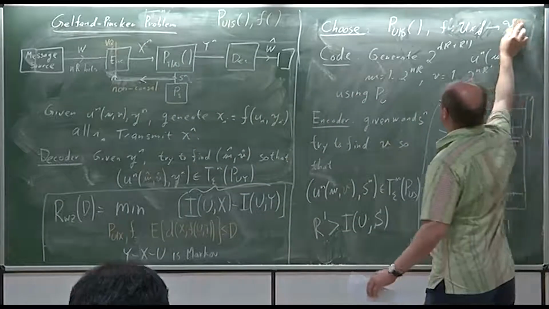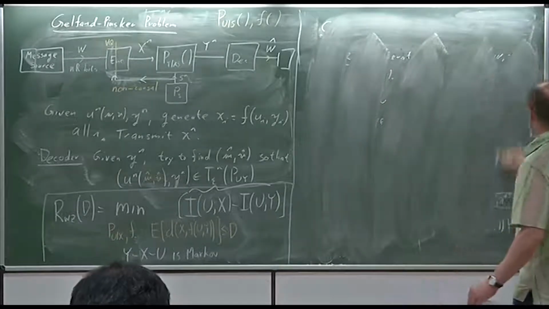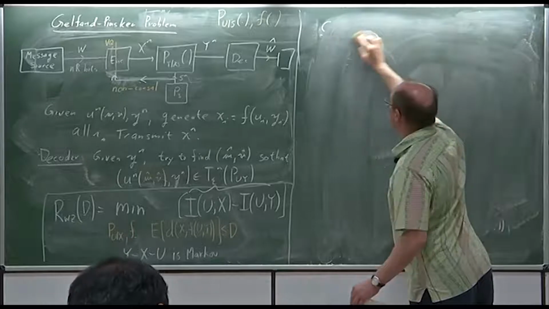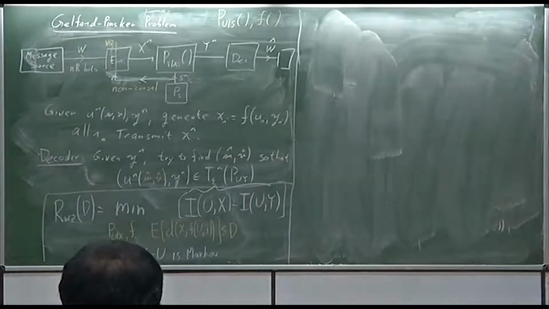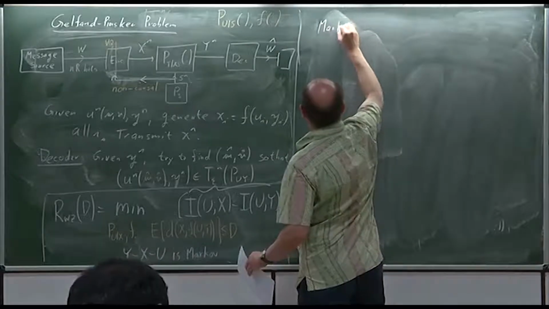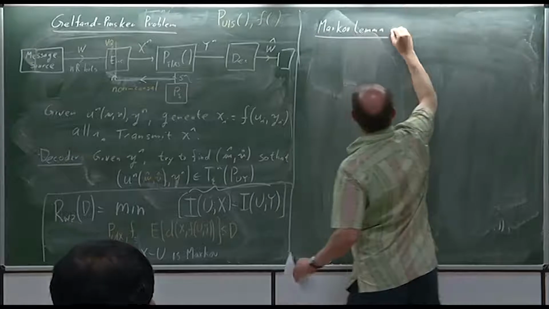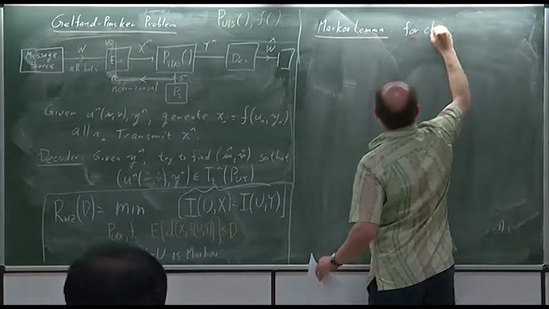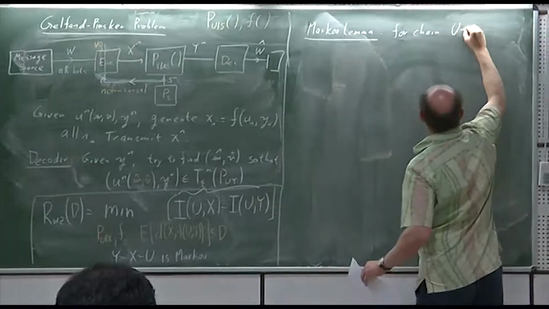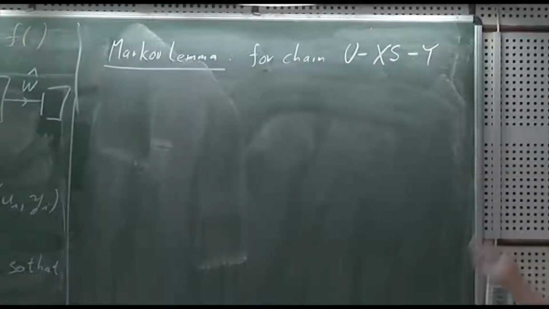So let me write that out. But the Markov lemma appears here too, of course. So Markov lemma for the chain U, X, S, Y, right? So that's a Markov chain.